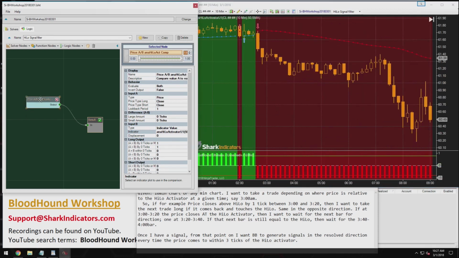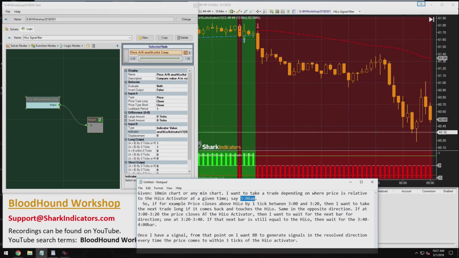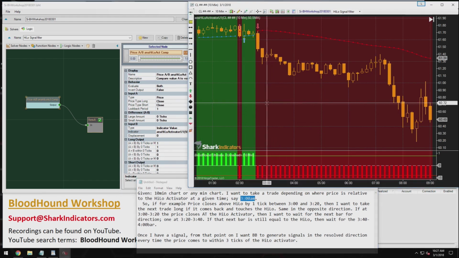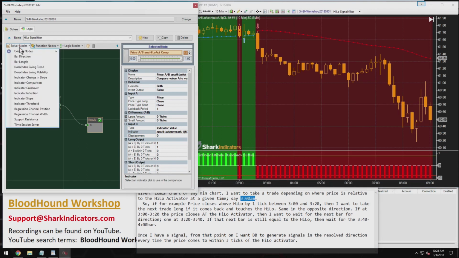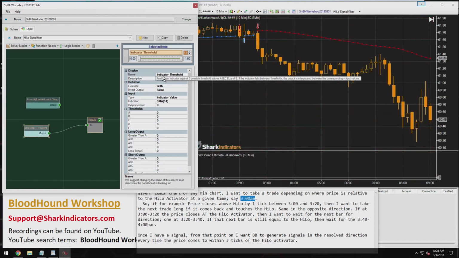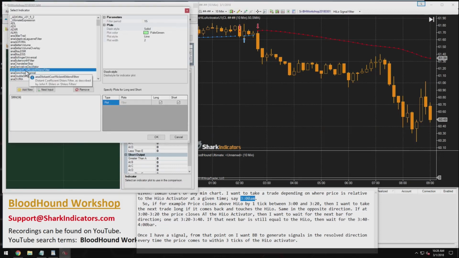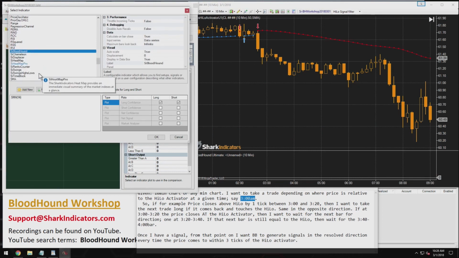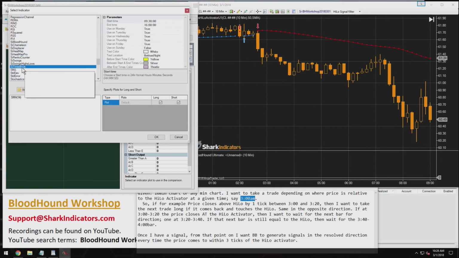All right, so there we go, the first part done. Now we want to take this continuous output and isolate it to the 3 a.m. bar. The way I'm going to do that is I'm going to use the threshold solver, and in the threshold solver I'm going to use a specialized indicator called the time block.